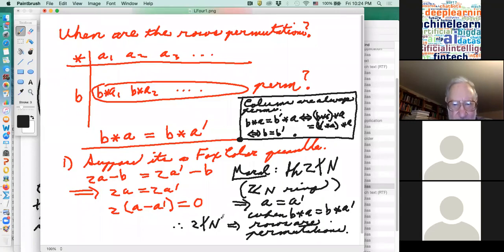But if 2 doesn't divide the modulus and we're in the Fox colored quandle, then it will work. So that explains why it did work in the mod 5 situation with the figure 8. But in general, you don't know, unless you know some extra information, whether or not there would be permutations in the rows.